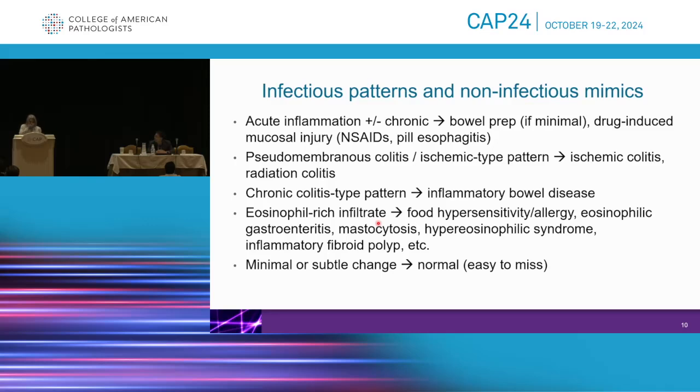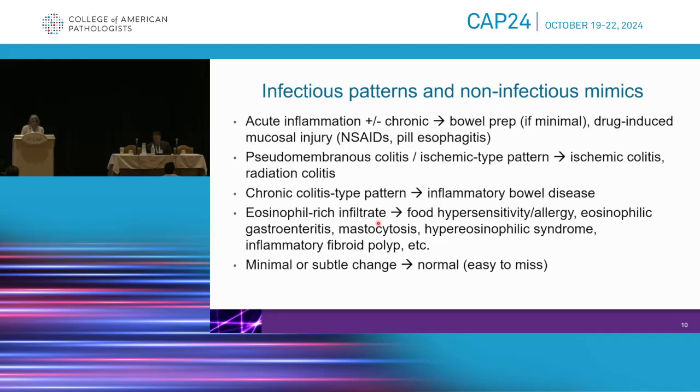And certainly in our practices, a challenge to making these diagnoses is the fact that there are many non-infectious mimics that overlap with these inflammatory patterns, and some of those are actually much more common than the infectious diagnosis.